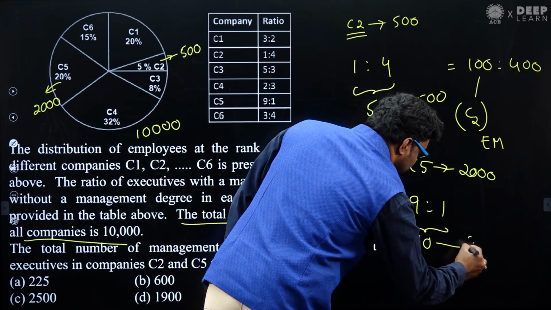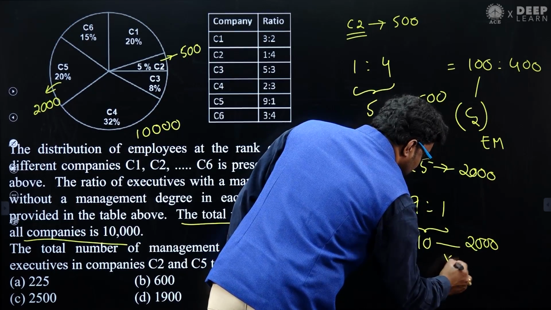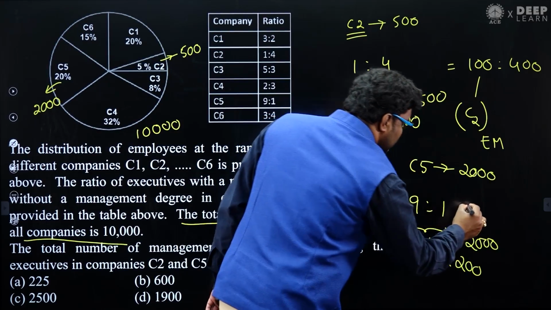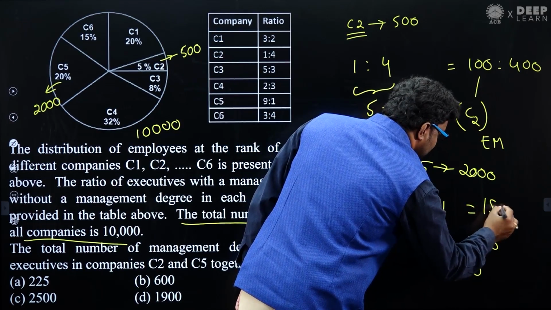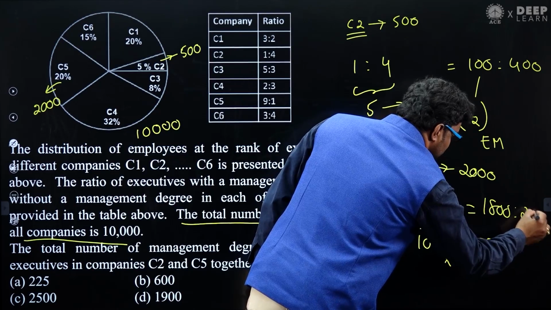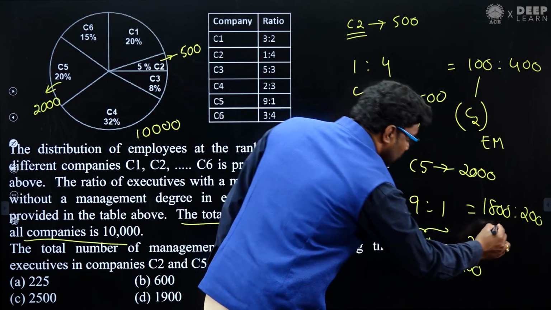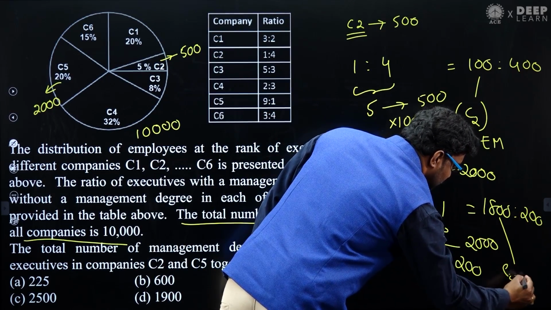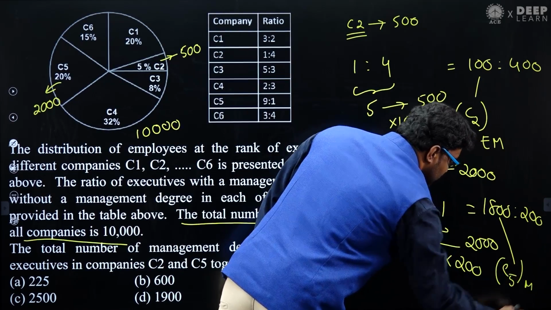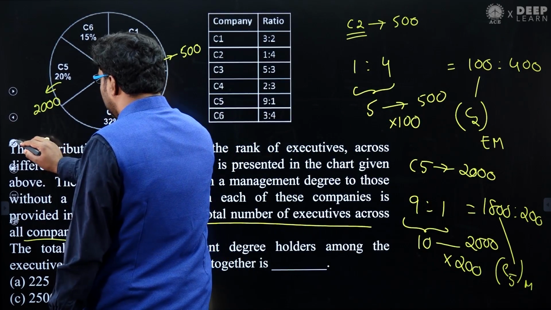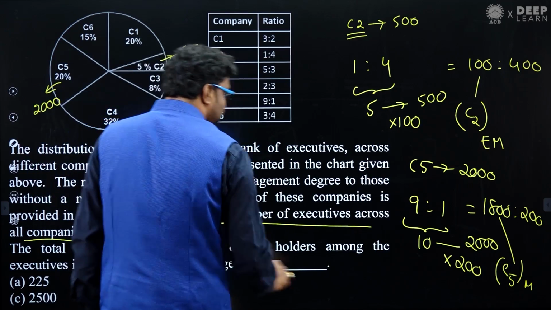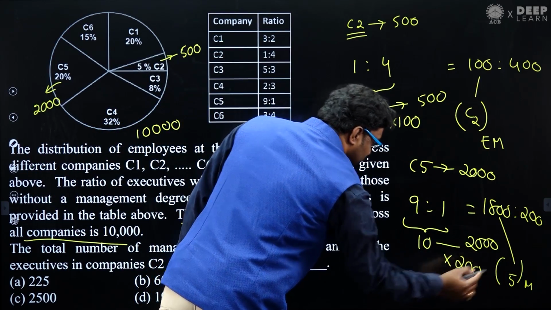But you want 2000, so you should multiply with 200. If you multiply with 200, this becomes 1800 and 200, my dear friends. What is this 1800? It is how many executives in company 5 have a management degree: 1800.